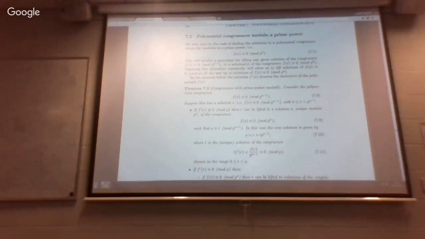So a general polynomial congruence will be something like f of x congruent to 0 modulo n. I've given this explanation a few times already, so I'll give it again here because it explains why we're looking at this result in particular.